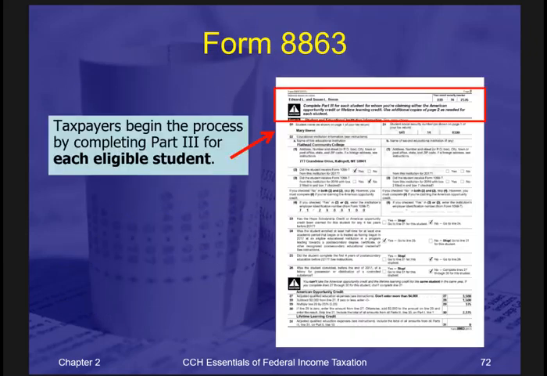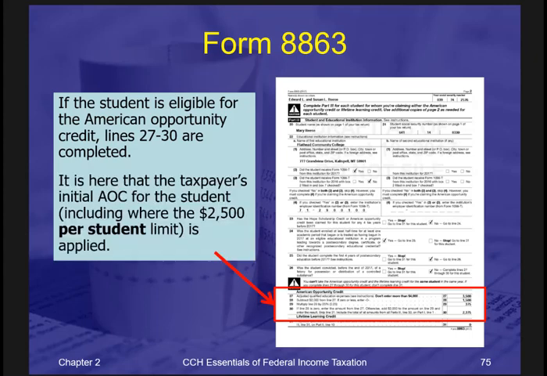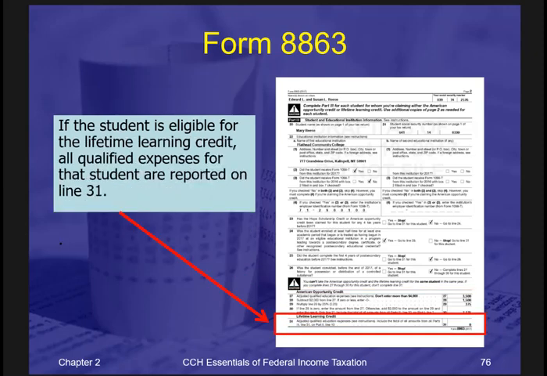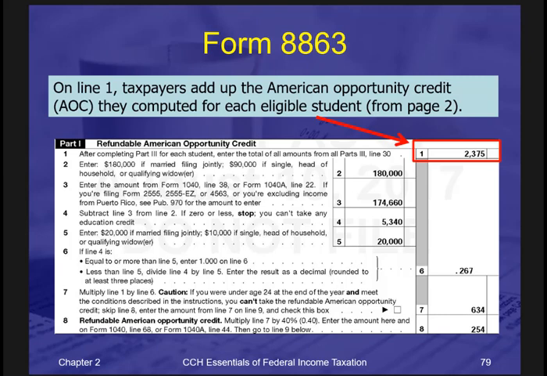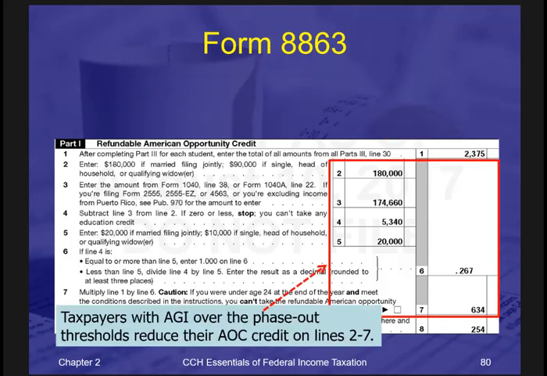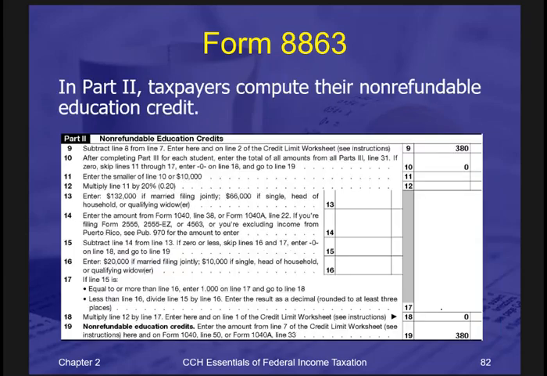These are all reported on the form 8863, and you see the way that that's filled out, giving the opportunity credit and the lifetime learning credit at the bottom. You can see the calculation of the refundable part as well.